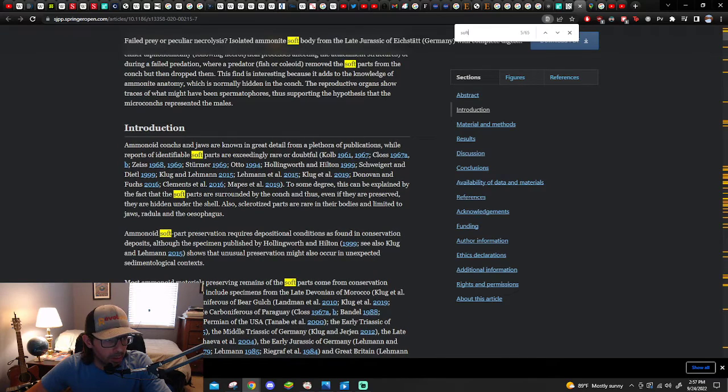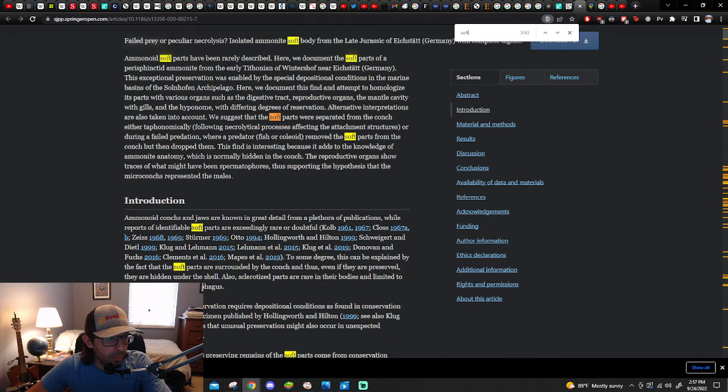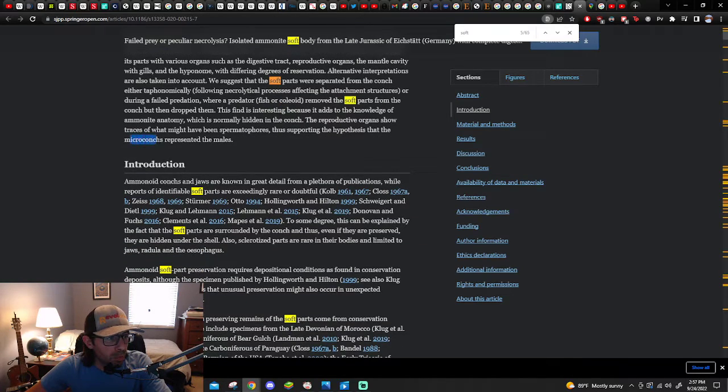Oh my God. What might have been spermatophores represented the males. The microconch represented the males.